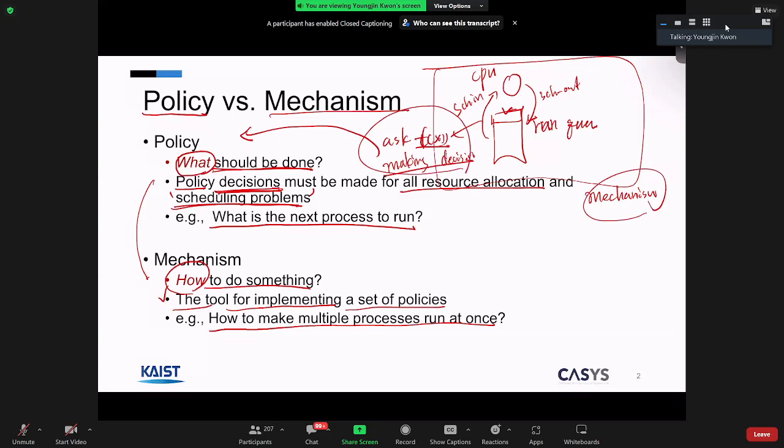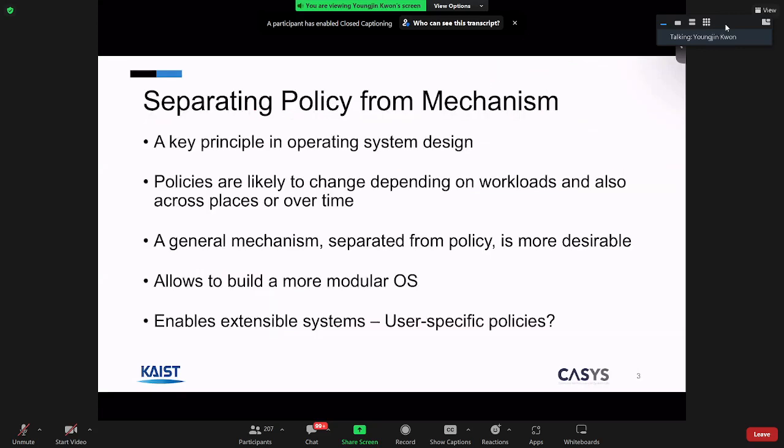This part is policy. That leads to one of the most well-known design principles, which is called separating policy from mechanism. When you design a scheduler, you can't just plug them into one big function.